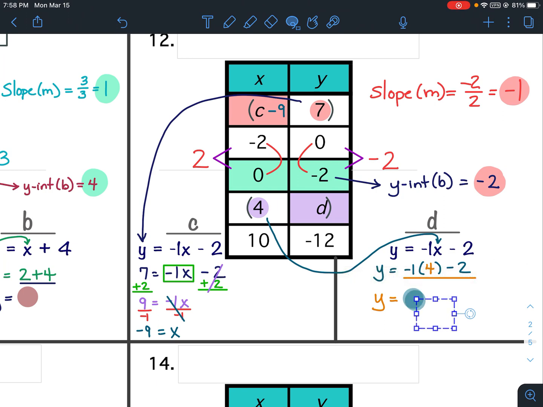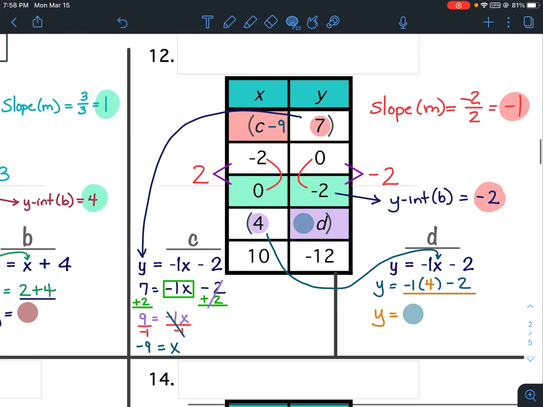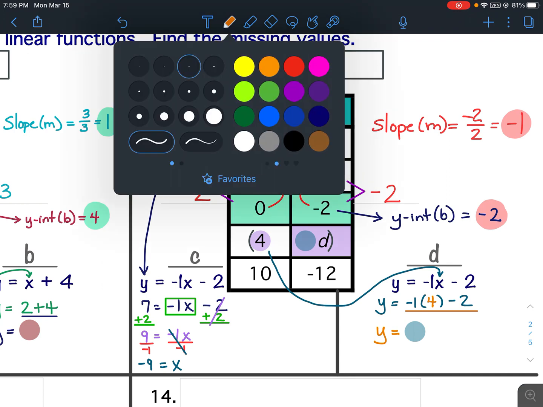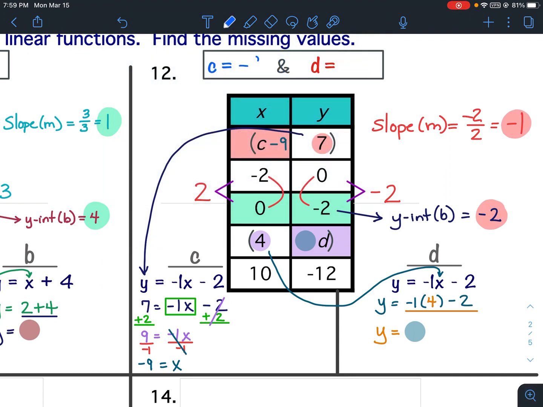And then write it up here beside the D. All right, then your final answer would be C equals -9, and you would have to fill in the D.